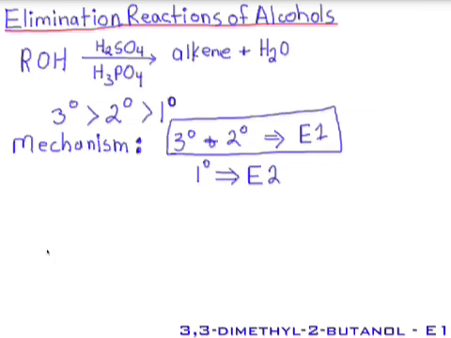And I'm going to begin with step 1. Step 1 of an E1 mechanism, as always for an alcohol, involves protonation. So we'll take a look here. So a typical E1 mechanism here.